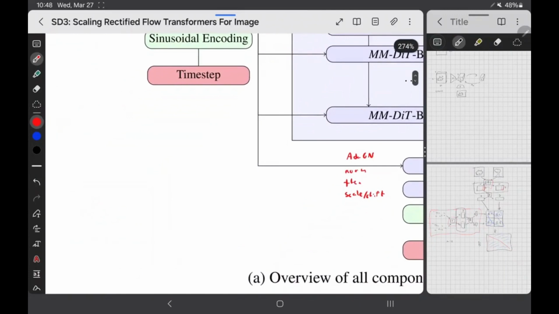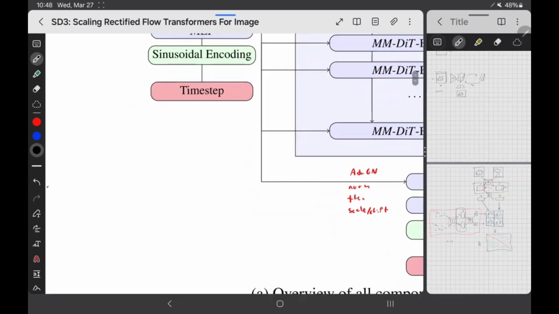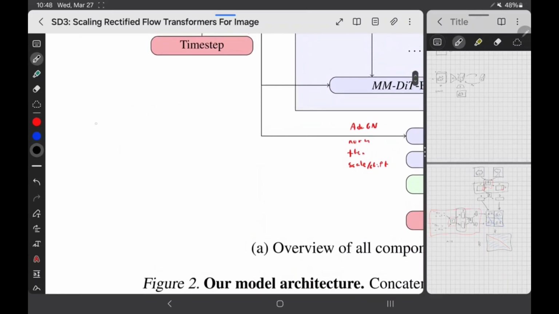The next thing they have is this time step. So we basically want to tell the model where it is on the trajectory for the diffusion process. And the way you can do that is through these sinusoidal embeddings. So say we have some sinusoids with increasing frequency.